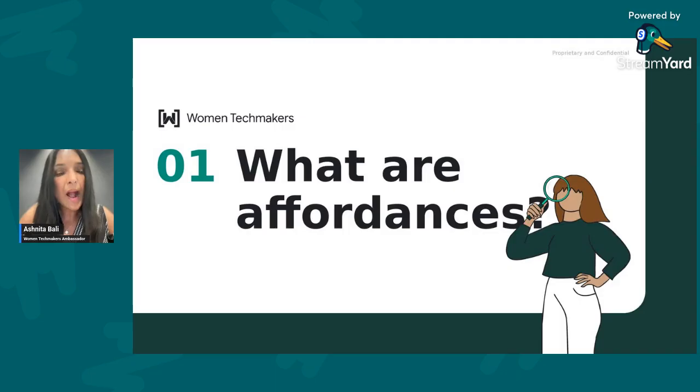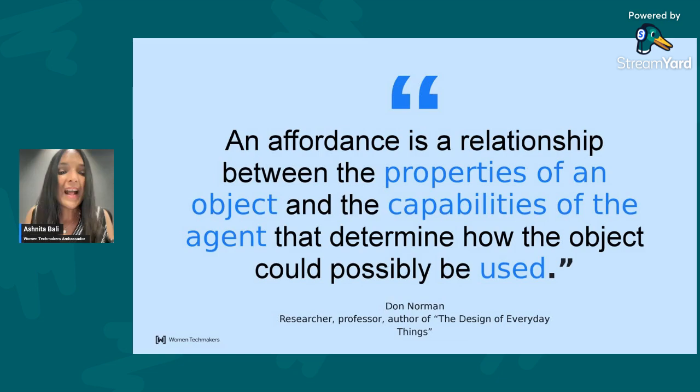When we think about how designers design a product, they would have to think about how the target users would interact with this product. An affordance is a relationship between the properties of an object and the capabilities of the agent that determine how the object could possibly be used.